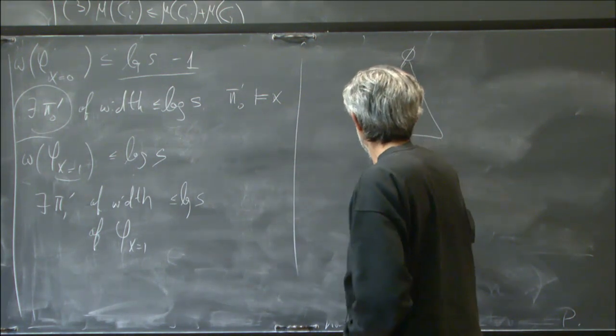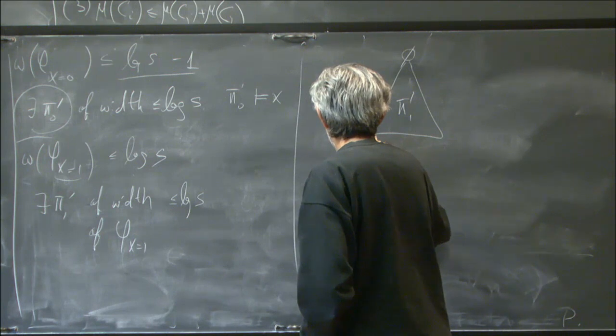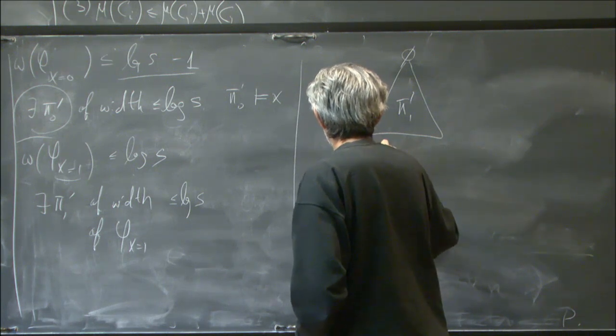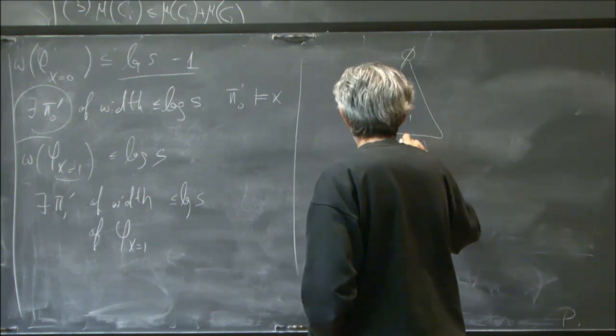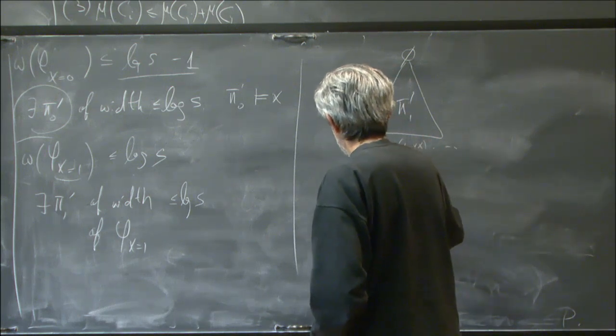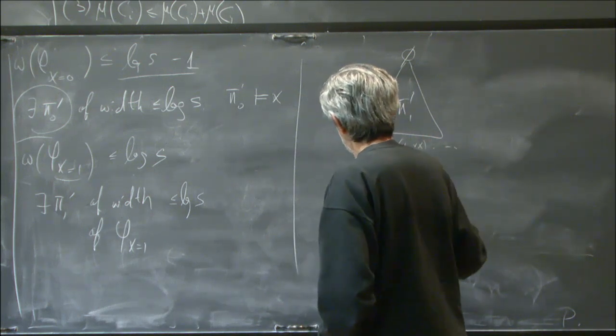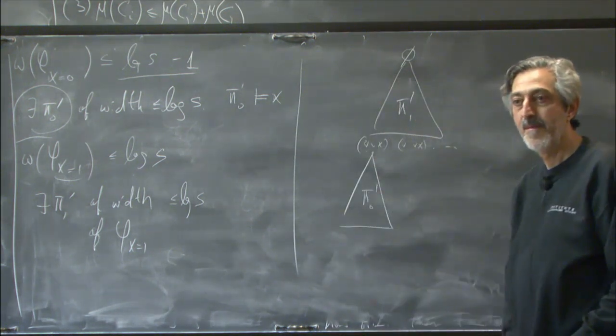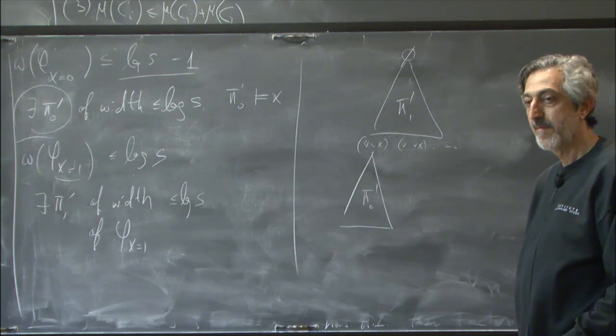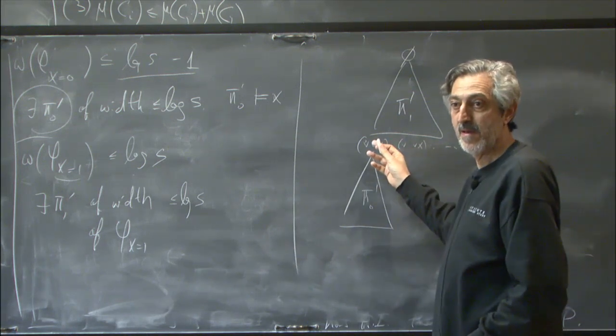Right? So I can apply it. For every place where I have clauses with x, I simply plug in here pi 0 prime. And it generates the x for me.